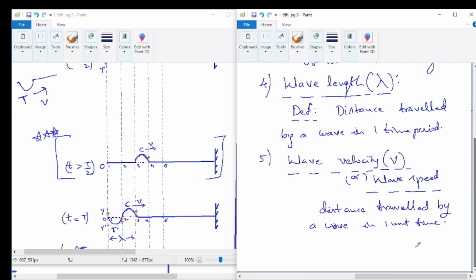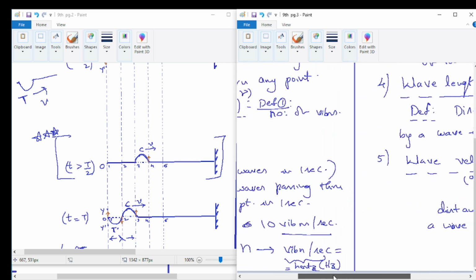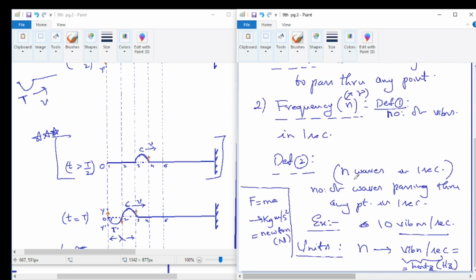Now just observe here. Unit time usually means second. Even frequency, number of vibrations in 1 second, means in 1 unit time. We use the unit of time in general as second, but sometimes other units like per minute, per hour, such big units also can be used.